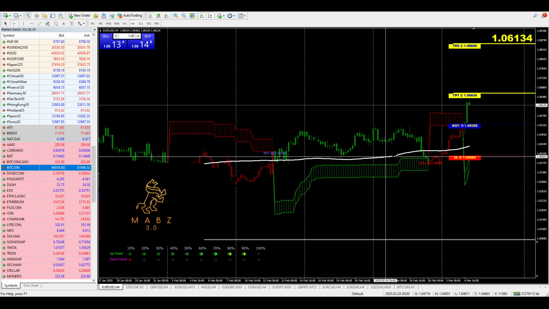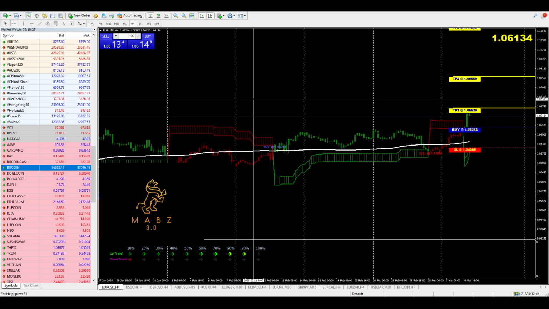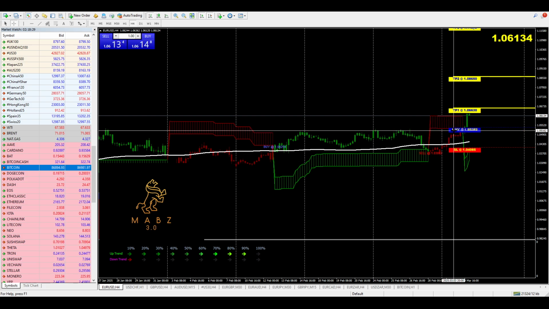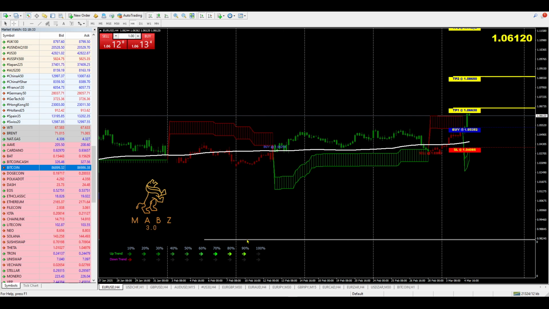This is the 100 moving average, okay? We also need to pay attention to the trading levels, the signal levels that the system gives us. You see right there, it says buy, stop loss, take profit 1, 2, and 3, okay? And then we also need to look at this bottom window right here, which is the volatility meter, right? So those are the things that we need to look at.